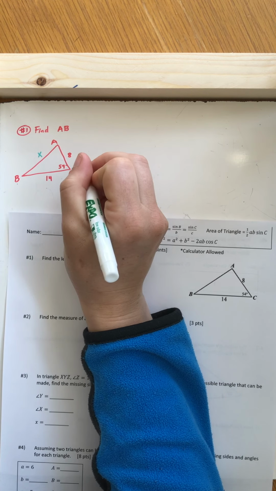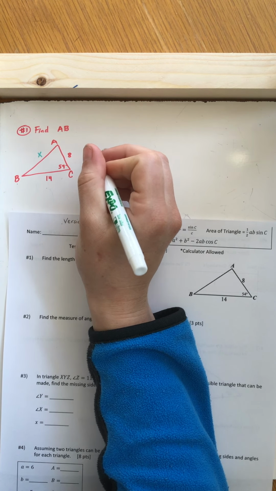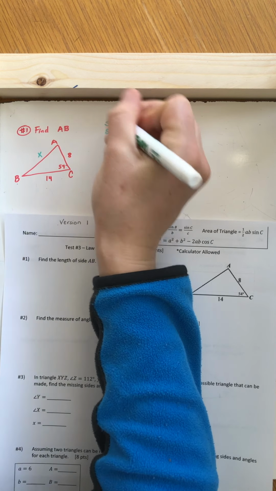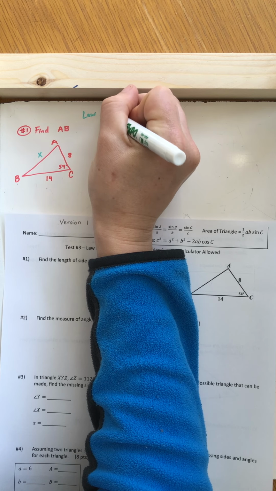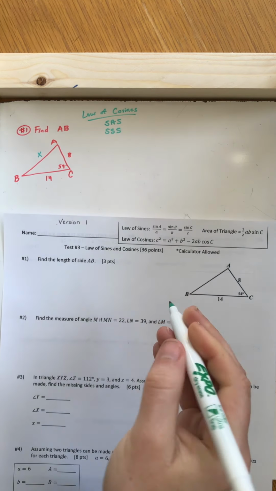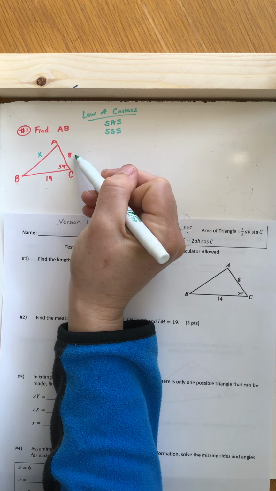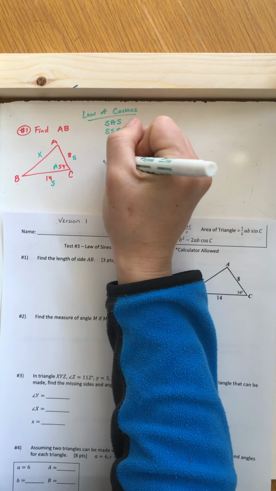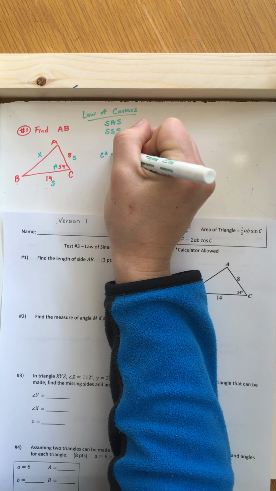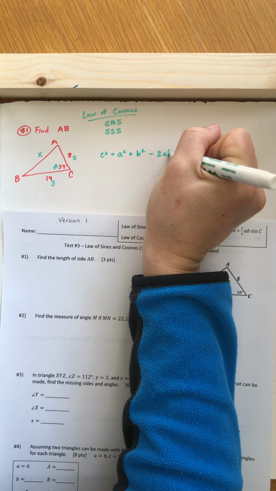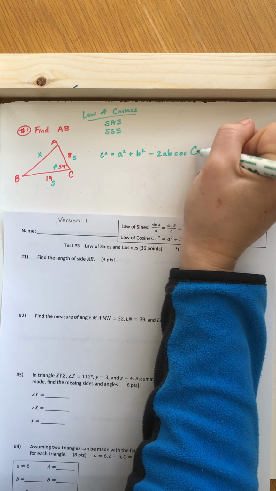You use the law of cosines when you are given side angle side or side side side. In this particular triangle, I'm given a side, an angle, and a side. So I'm going to use law of cosines, and that is c squared equals a squared plus b squared minus 2ab cosine of big C.